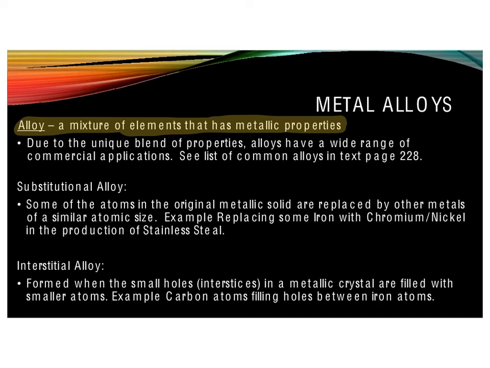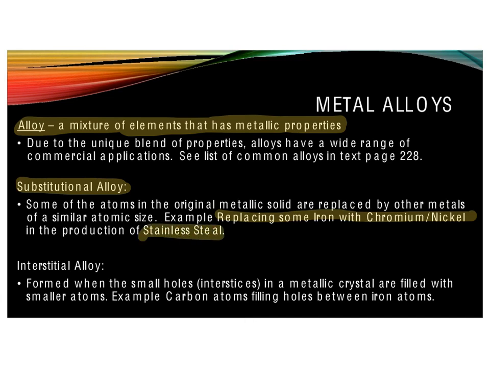There are two major categories of alloys. There's the substitutional alloys, which is where we can replace one element with another. If we replace some iron atoms with chromium or nickel, we get what is called stainless steel.